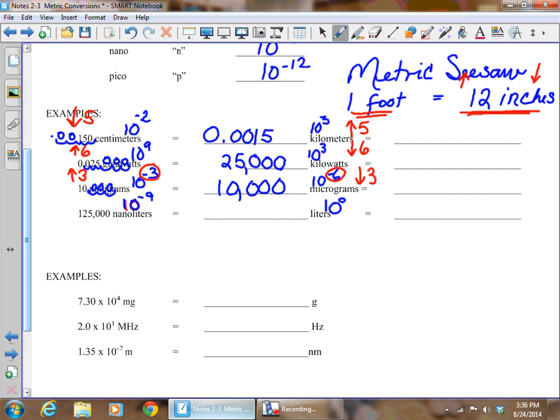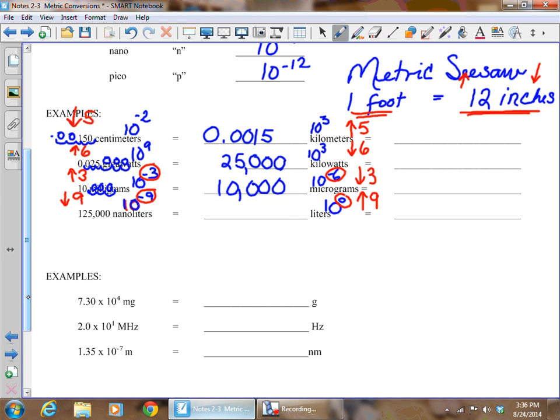So now what's happening to us as far as our number line is concerned for our exponent? We're going from negative 9 to 0. And if you think about that on a number line, we're getting bigger by 9 places. So bigger by 9 places for our unit means our number better get smaller by 9 places.